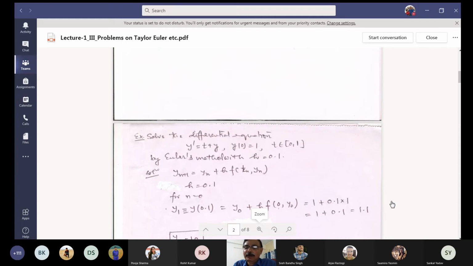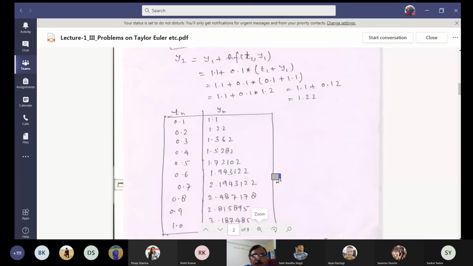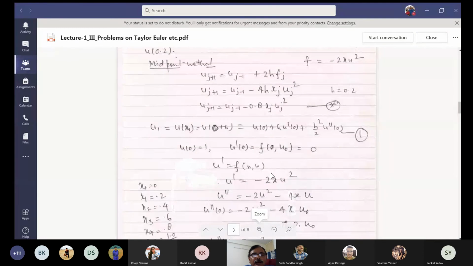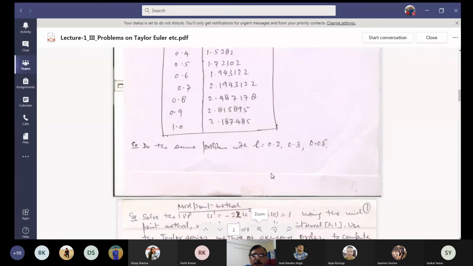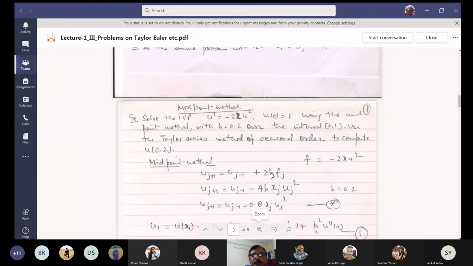Good. So you do the next problem using your midpoint method. I think the same problem was there, and the values are also done here. If I remember correctly, it is your midpoint method. Euler method I have already explained.